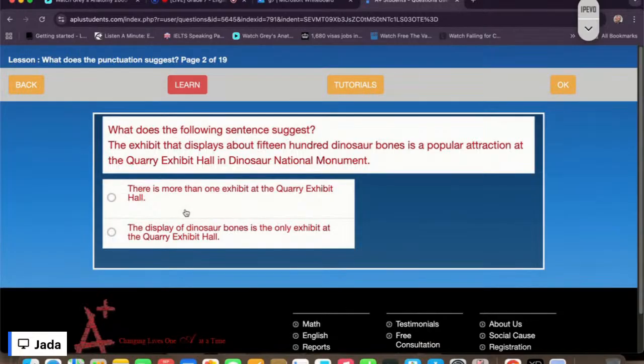So, what does the following sentence suggest? The exhibit that displays about 1,500 dinosaur bones is a popular attraction at the Quarry Exhibit Hall in Dinosaur National Monument.